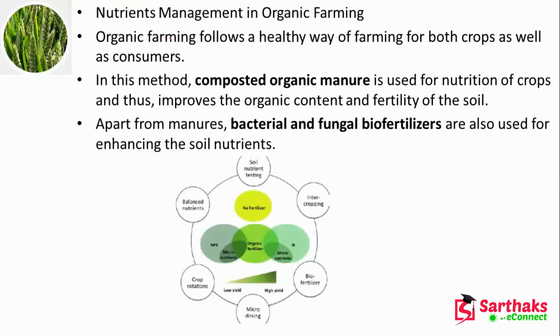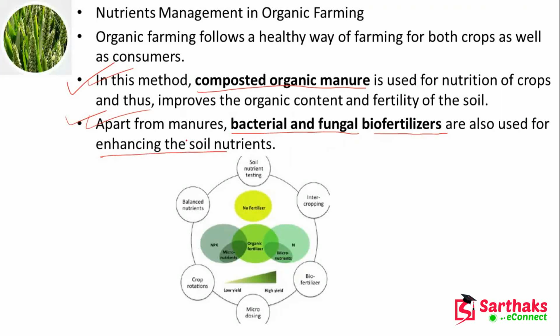Now, nutrient management in organic farming follows a healthy way. In this case, composted organic manure is used for the nutrition of the crops. It improves the organic content and fertility of the soil. Apart from manures, we are using bacterial and fungal biofertilizers to enhance the soil nutrients.